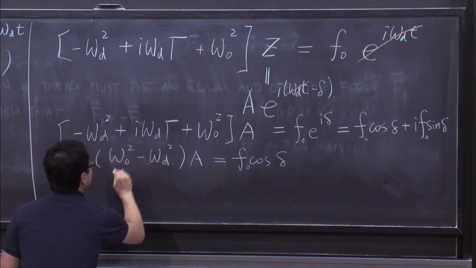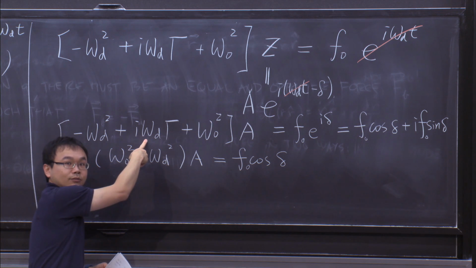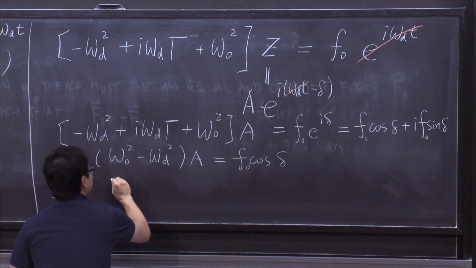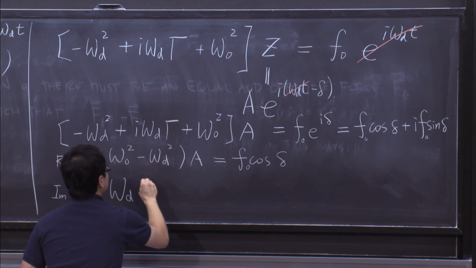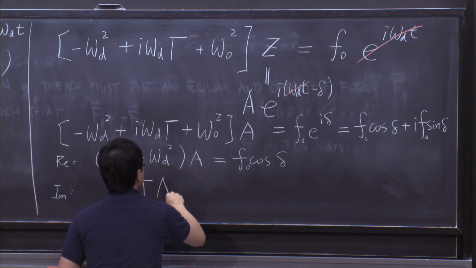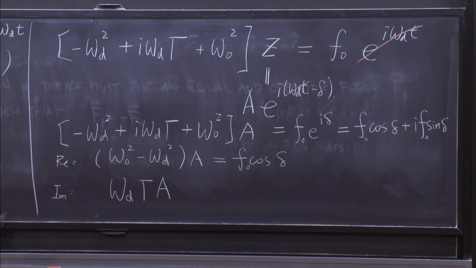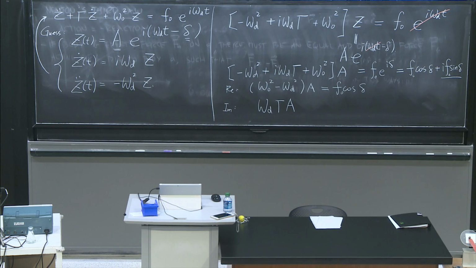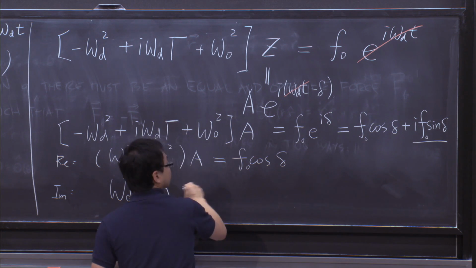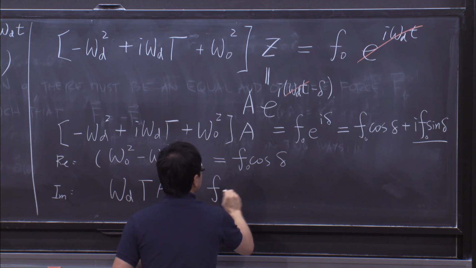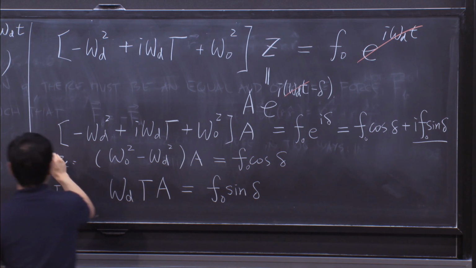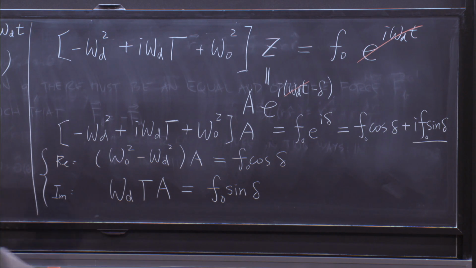Only the second term on the left-hand side has an i in front of it, so I get ω_d gamma A from the left-hand side. And from the right-hand side there's only one imaginary term, so this is equal to f0 sine δ.